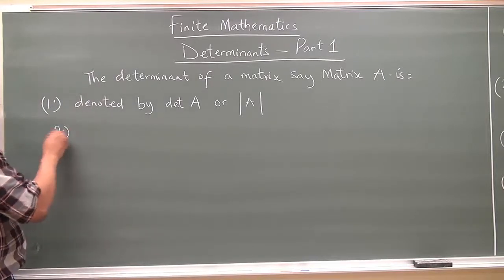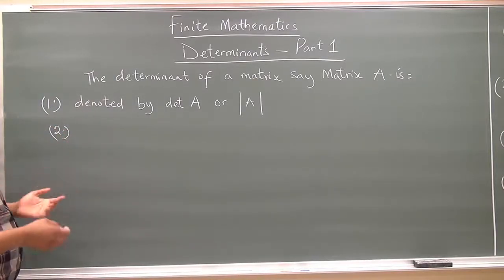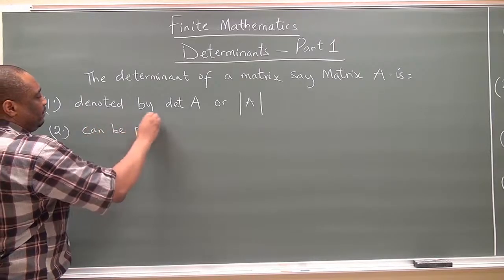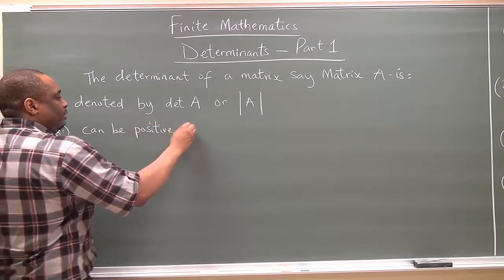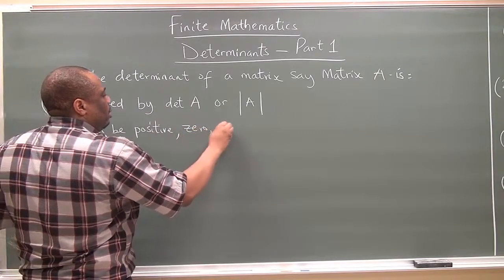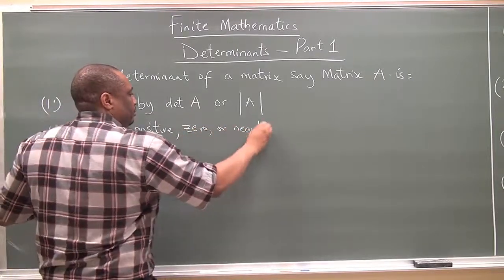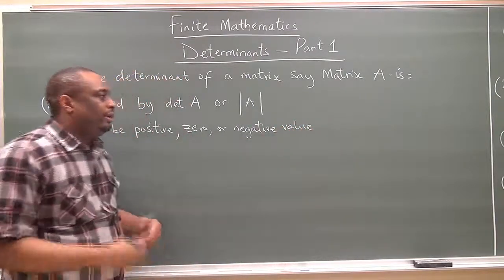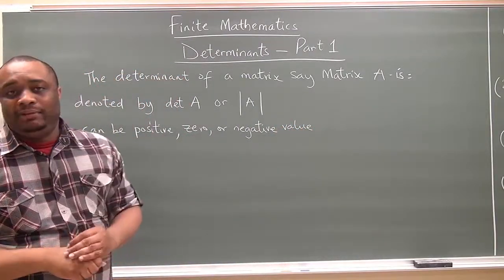Then number 2, it can be positive, 0, or negative value. The determinant can be a positive value or a 0 value or negative value.